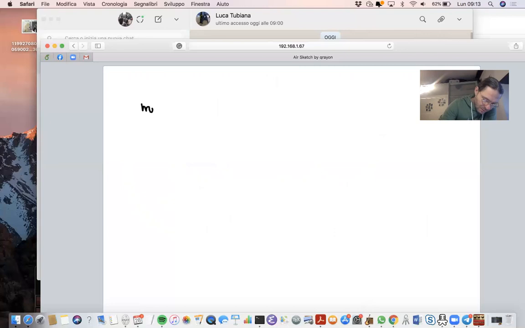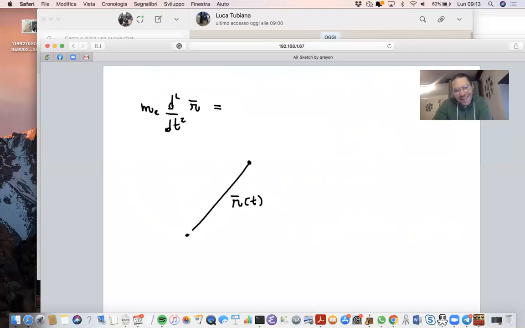We have the mass of the electron times the double derivative with respect to time of the electron position. Normally I used the notation x to denote the position. This time, for reasons that will become clear in a minute, I'd rather use the notation r, because I'm going to go into polar coordinates very soon. And this is, of course, the force that is acting on the electron because of the attraction exerted by the proton.